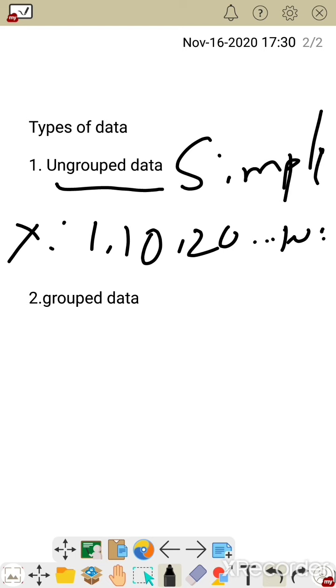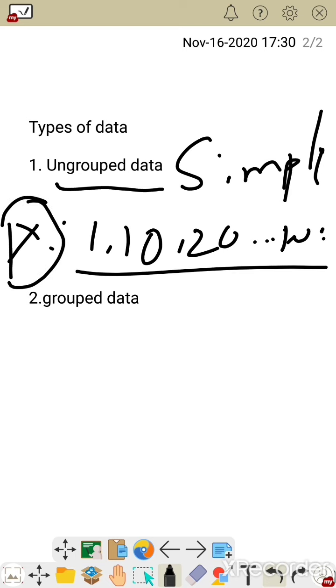Here the only information given is x, the numbers. No frequencies will be given.